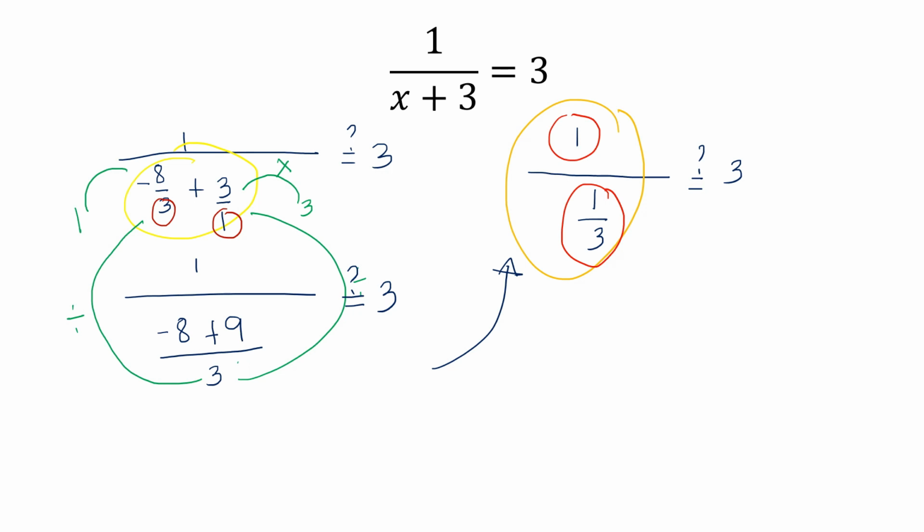Now, in dividing a fraction by another fraction, we simply copy the dividend, and then we get the reciprocal of the divisor, or that is, interchange the numerator and the denominator. So we have 3 over 1, then proceed to multiplication. Next, 1 divided by 1 is 1, times 3 is 3. 3 is equal to 3. So the value of x is really equal to negative 8 over 3.